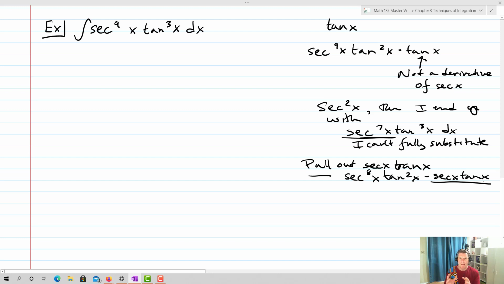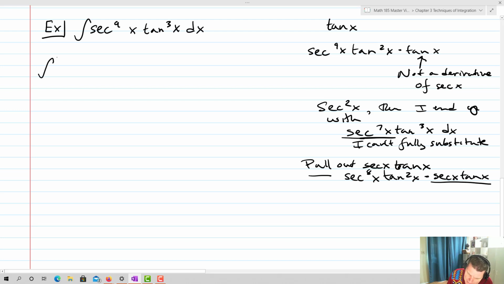Remember that whenever we do these trig integrals, we want to pull out the derivative of one of the functions and then get every term in the integral in terms of that particular function. So in this case, we're going to do it for secant.